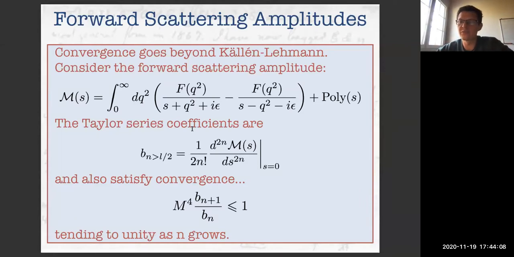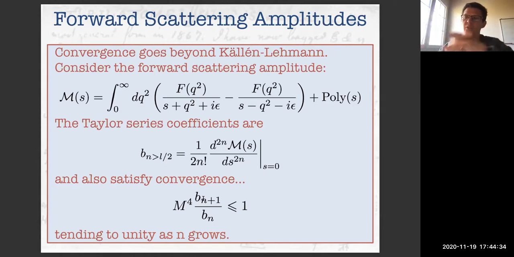If new physics contributions are above some scale m, and we do an expansion in s over m squared, then you can extract, just by Taylor expanding this, an analogous set of coefficients. We called them the bn's, and they satisfy exactly the same classes of convergence relations. And this is even more powerful, because it's telling you that you can't have amplitudes that are arbitrarily soft.